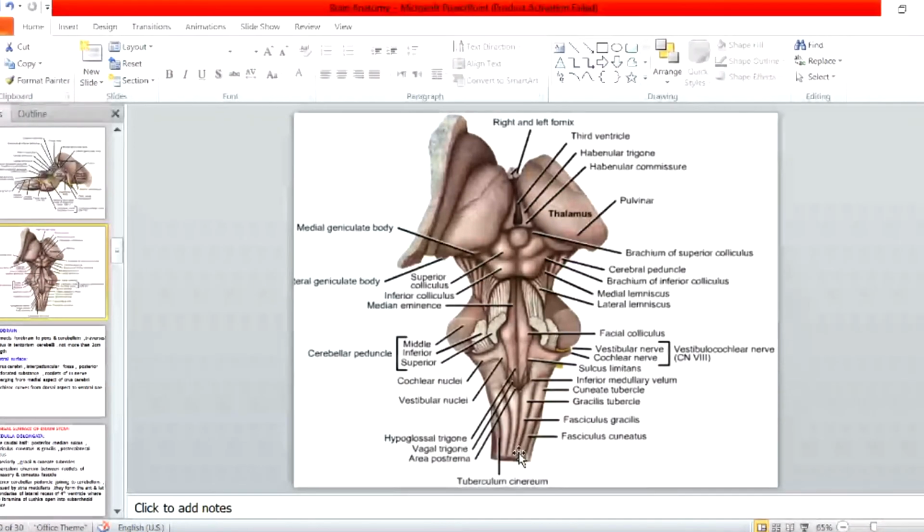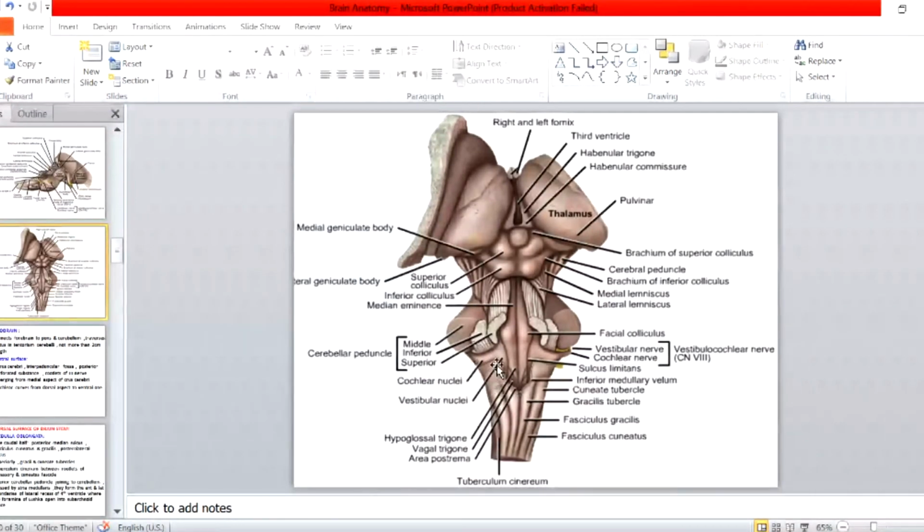We call it fasciculus or tractus gracilis and tractus cuneatus. And lateral to it is the tuberculum cinereum. Then passing to the ventral aspect, you will have the olive and the pyramid. So from ventral, we have pyramid, olive, tuber cinereum, cuneate tubercle, and gracile tubercle.